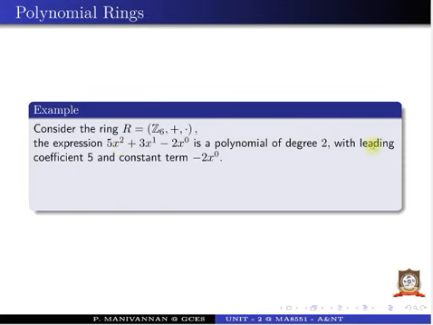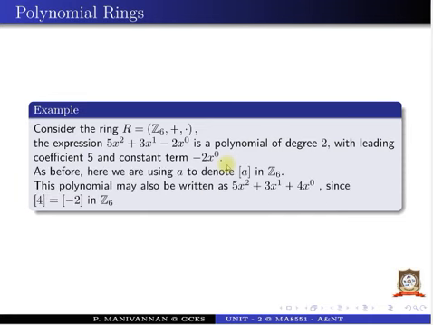Its highest power coefficient is 5, so the leading coefficient is 5. What is the constant term? The x power 0 term is called the constant term, so minus 2x power 0 is the constant term.